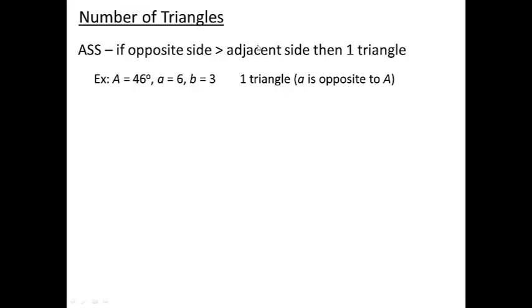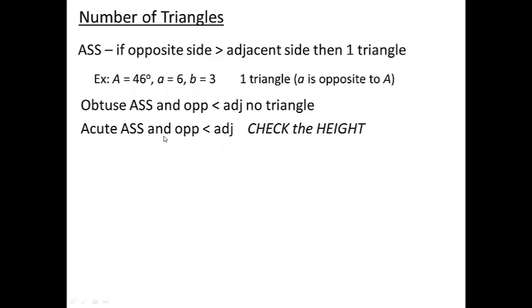Opposite is larger than adjacent, then there's one triangle. Doesn't matter if it's obtuse or acute. All right. If you have an obtuse ASS and this is not true, then the only other possibility is there's no triangle. If it's obtuse, it's either going to be one, so if it's not one, then it has to be none.